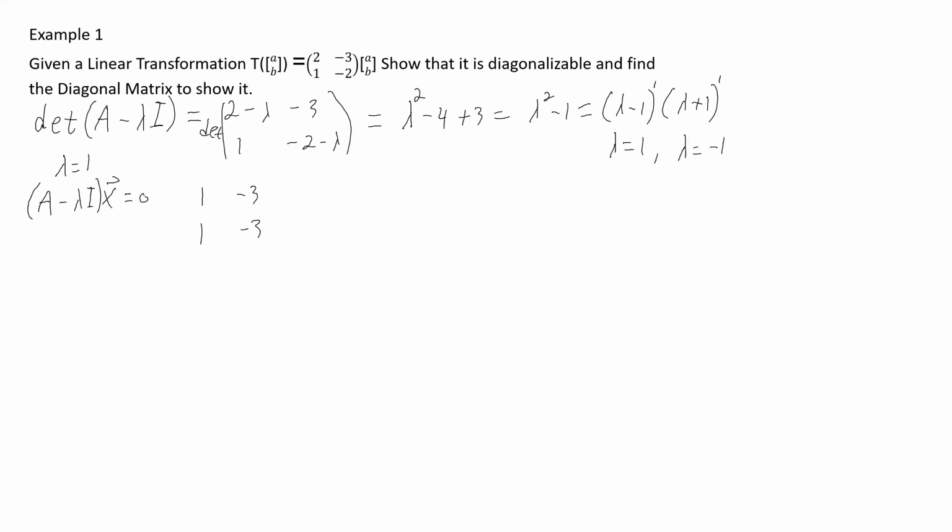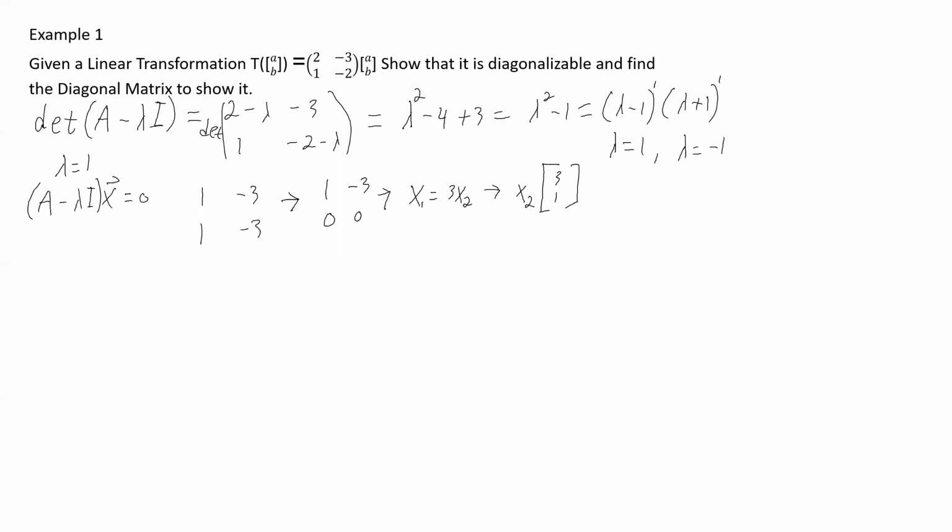For the reduced row echelon form, we subtract the first row from the second, which leaves us with 1, -3, 0, 0. That gives the solution x1 equals 3x2, which yields x2 times the vector 3, 1.